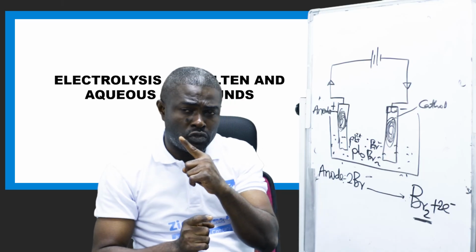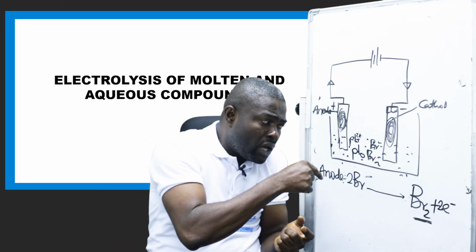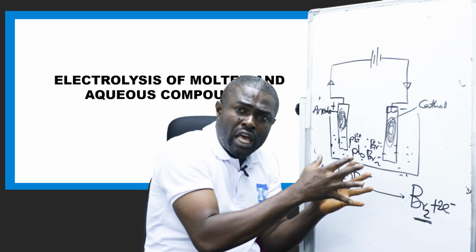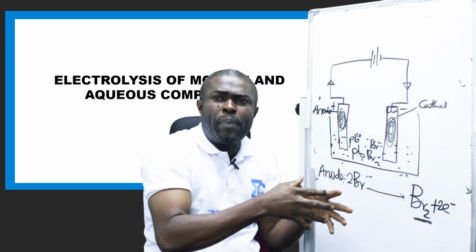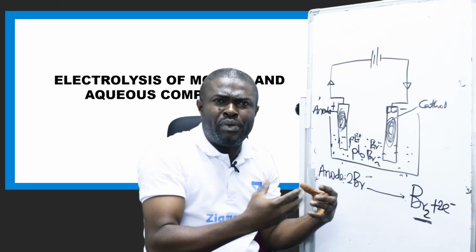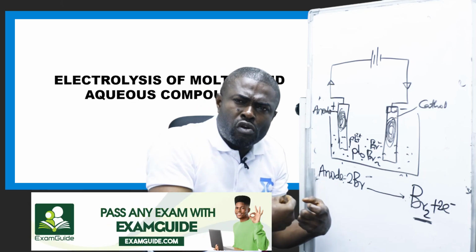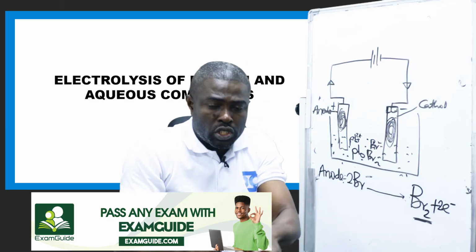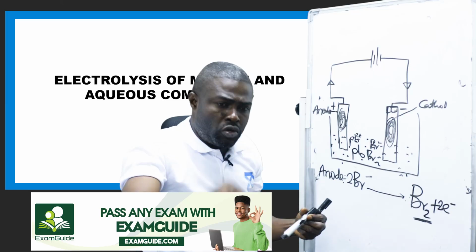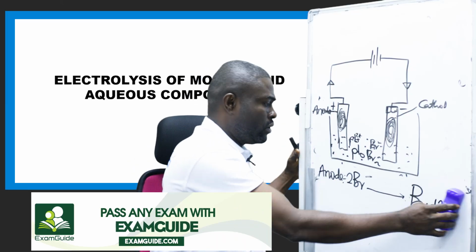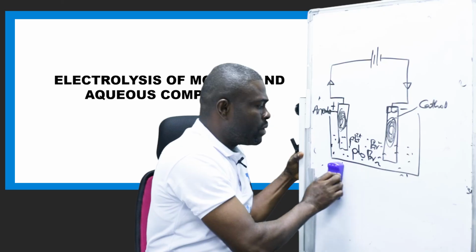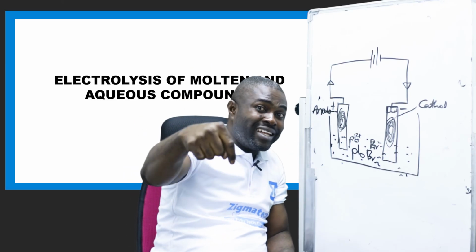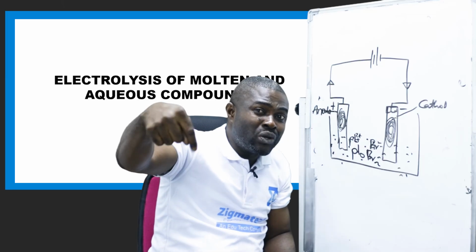But before I move to that, we are going to understand, using a practical example, when aqueous is involved, when the compound is not just being melted, but dissolved into a solvent that carries its own 2 ions. Watch. I'm going to use aqueous lead-2 bromide now. What does that mean? The lead-2 bromide is dissolved in water.